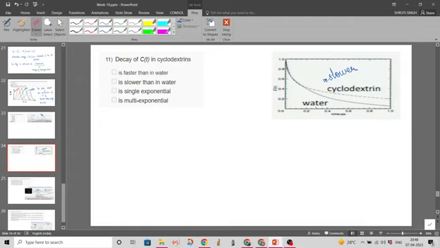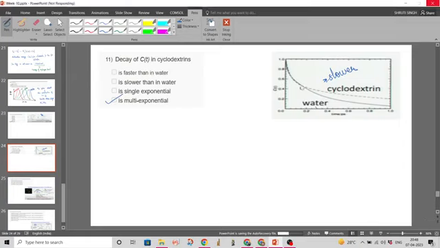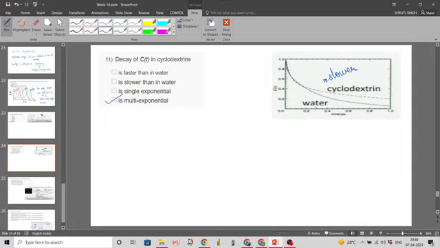Just by seeing this dashed line you can say that it is not single exponential. So it is multi-exponential, and it is slower than water, because water decay is faster. You can see it is getting completed faster than the cyclodextrin. It is slower than water. B and D.